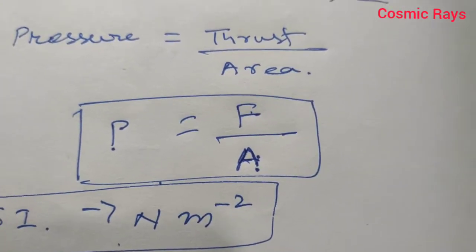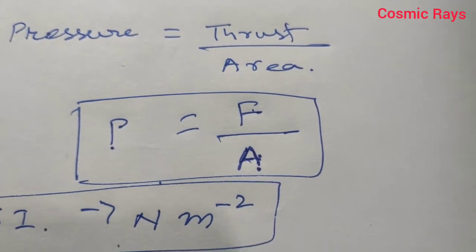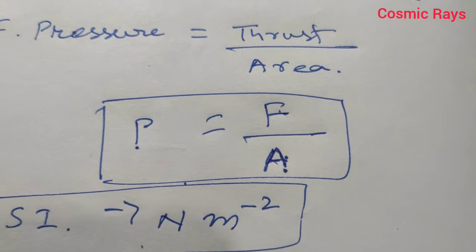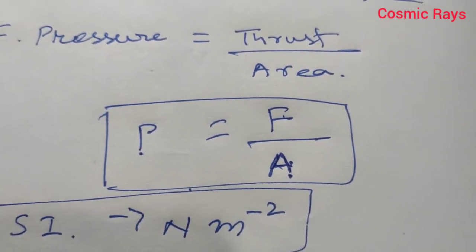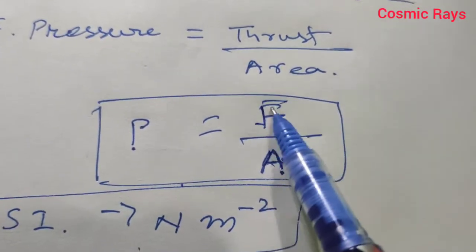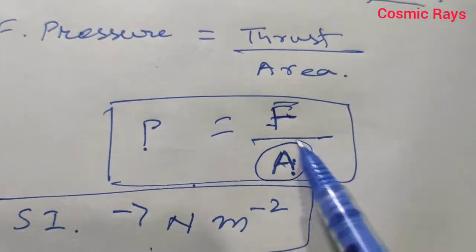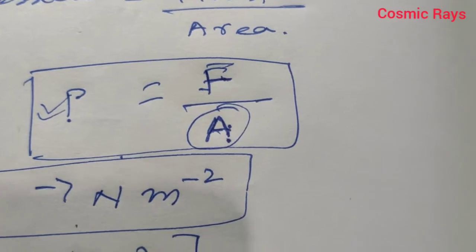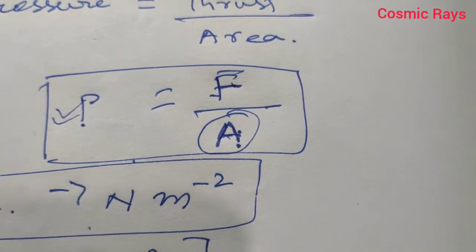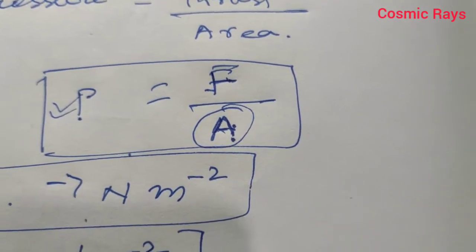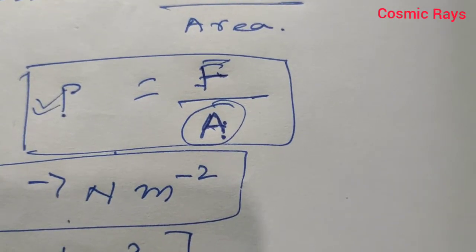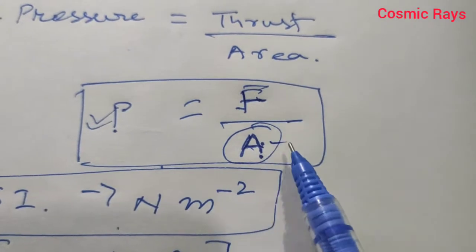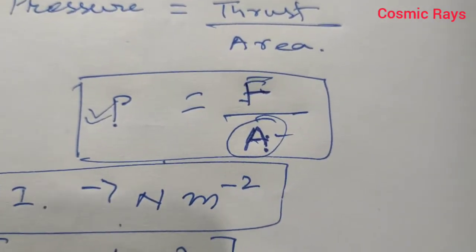They have a very small area by having a pointed or sharp tip. That's how even if we apply small force, because of less area, the pressure increases. Same is the case with railway tracks. Railway tracks are laid on very large sized wooden sleepers so that the pressure decreases, because the area is much larger.